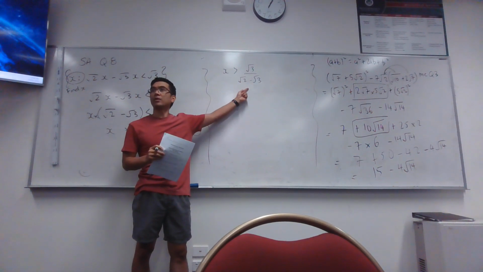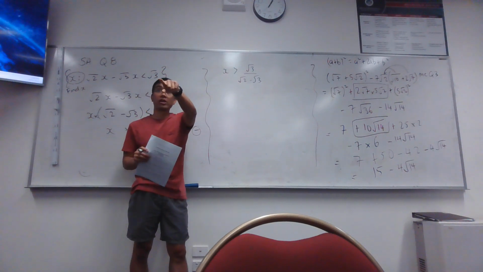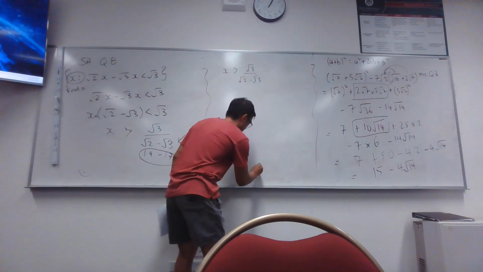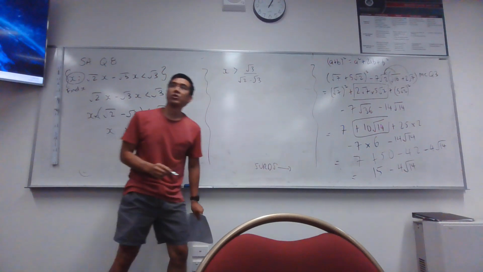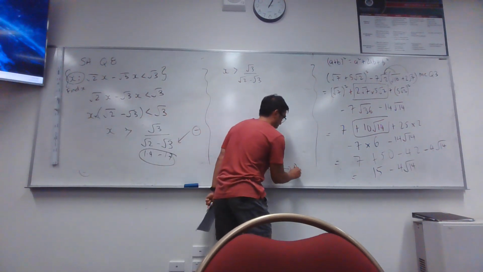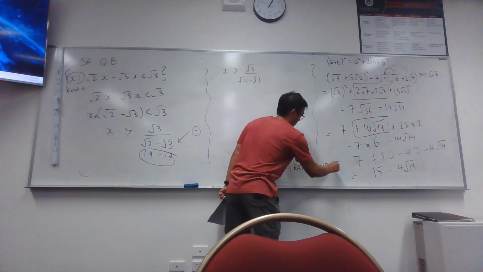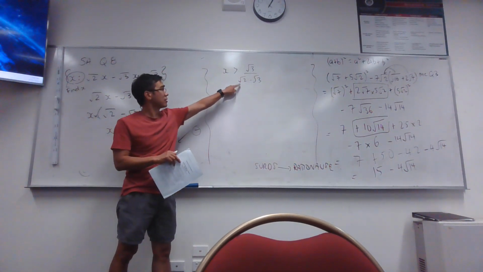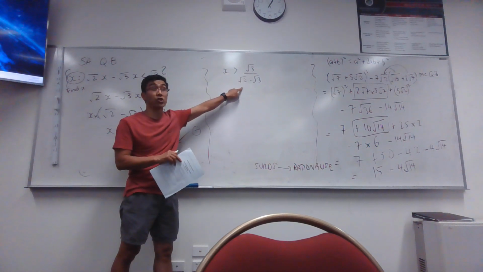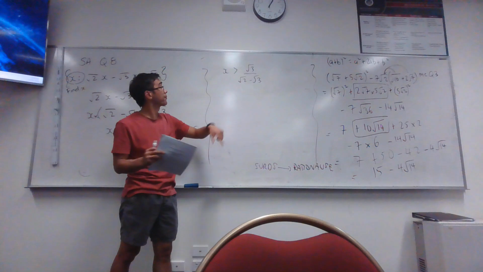It starts with R. When you have the word rationalize, when you have surds, always connect it with the word rationalizing the denominator. Maths people do not like root surds in the denominator. They like whole numbers. Don't ask me why.